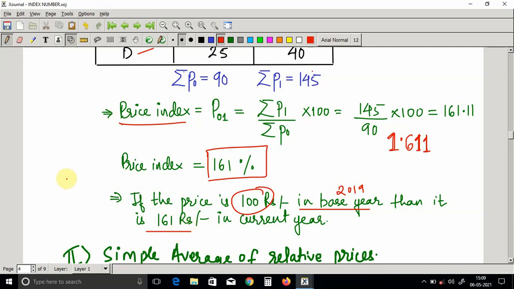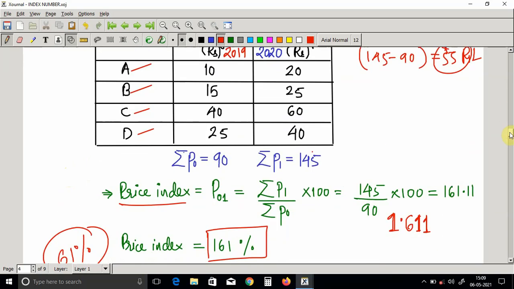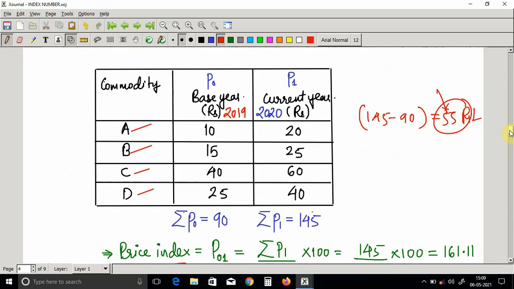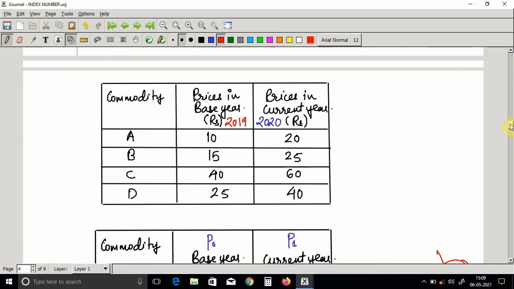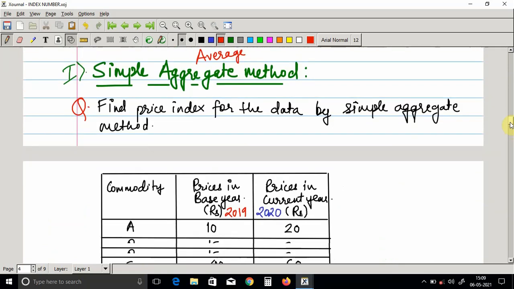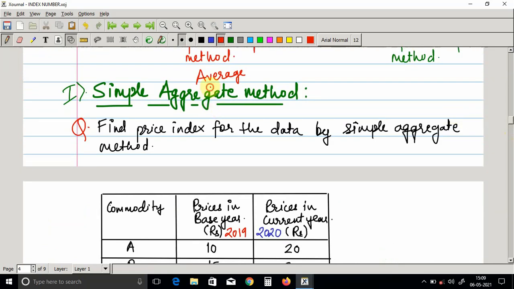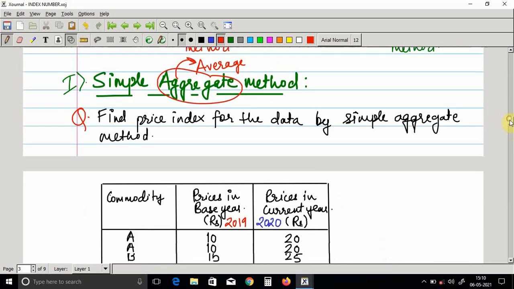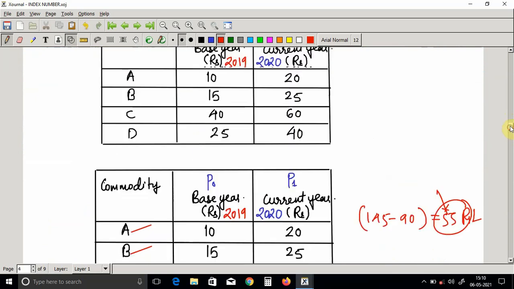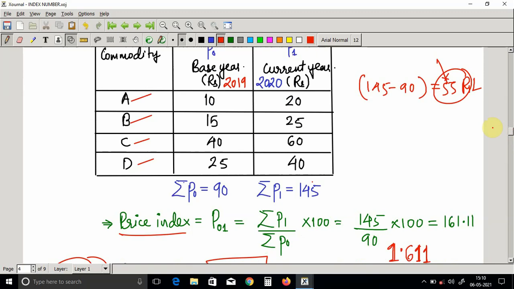So what percentage increase? 61% increase is there from 2019 to 2020. You can think of it as 61% inflation also. I hope this is very simple. That's why it is simple aggregate. Aggregate means sum, or you can think of it as average. This is what you have to do in the simple aggregate method.